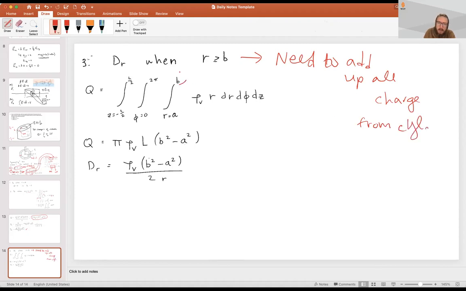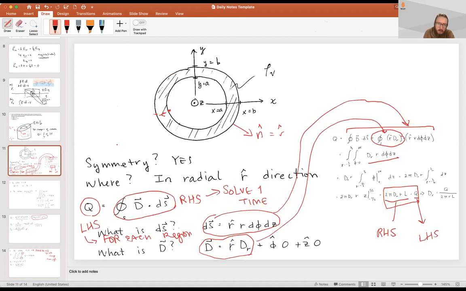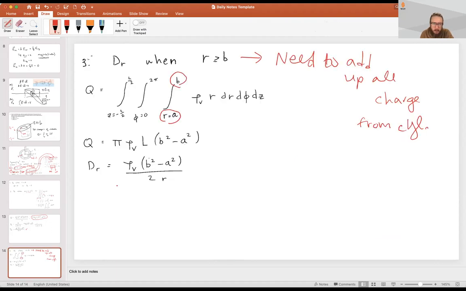And that's why the top limit is B and the bottom limit is A. That will include every bit of charge from A to B. And so the total charge in that region is here. And see, this has no R dependency. The total charge has no R dependency.